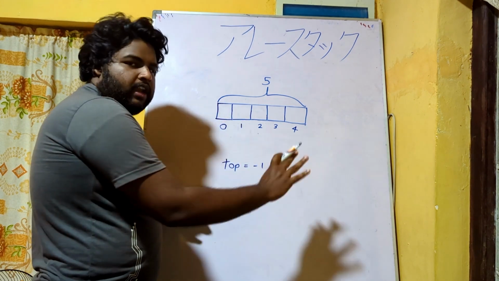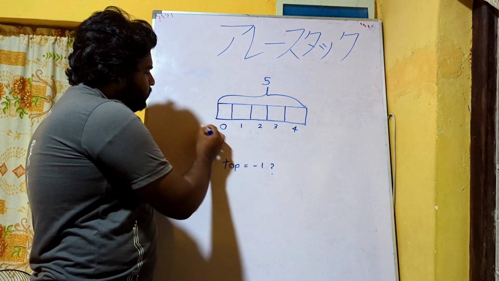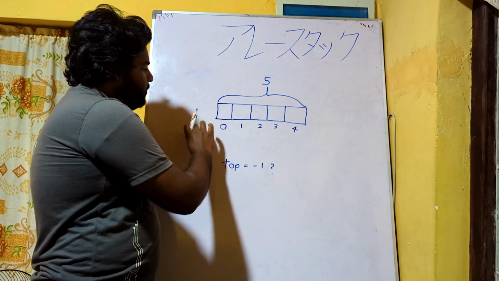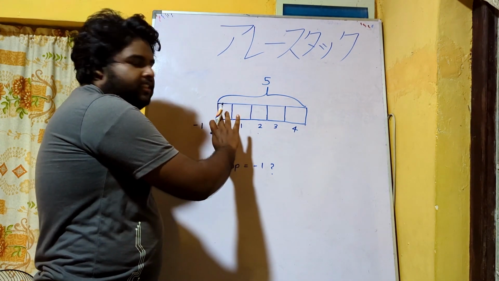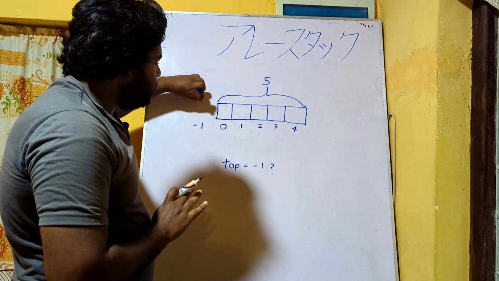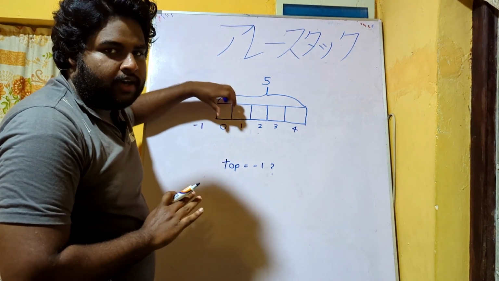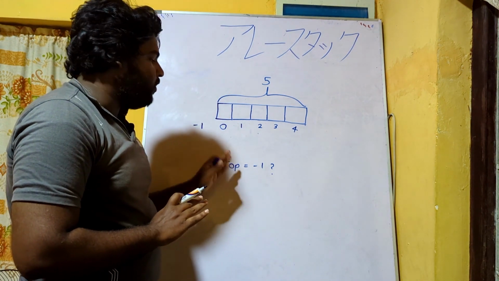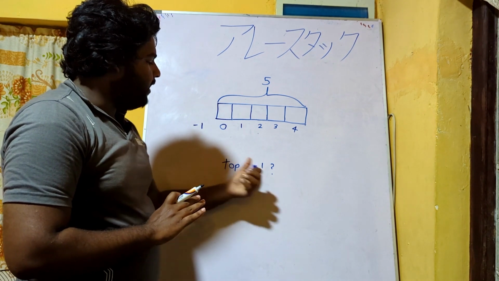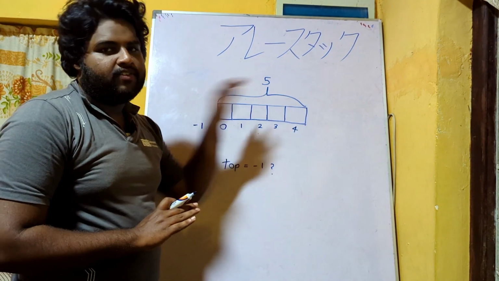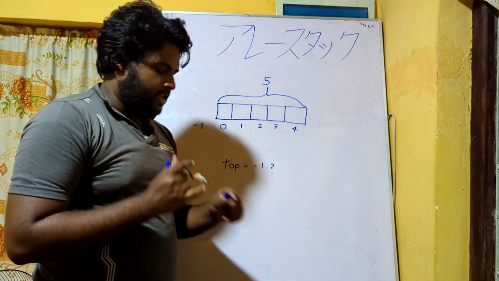Right now we have no element, so our top is actually outside of the stack, which means top is not inside the array. When we add elements, our top can move into the array and show us the head of the stack. That is why we put the top as -1, because we have no elements inside our stack while declaring it.